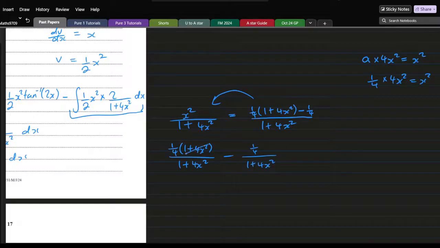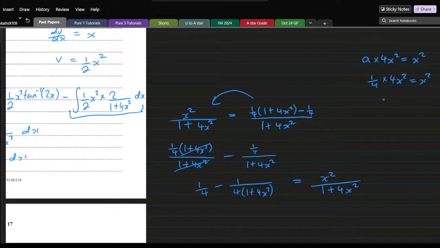Alright, so this here will cancel out and we end up with a quarter, and then what we have here is minus 1 over 4 times 1 plus 4x squared. Okay, and we're saying that this here is equal to x squared over 1 plus 4x squared.